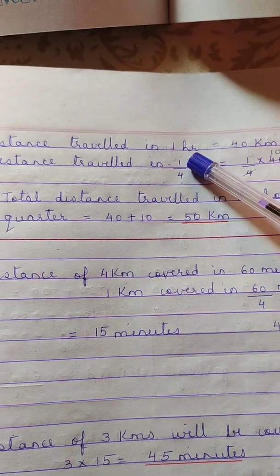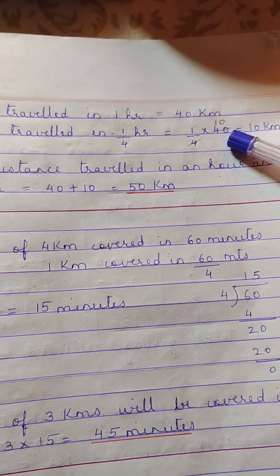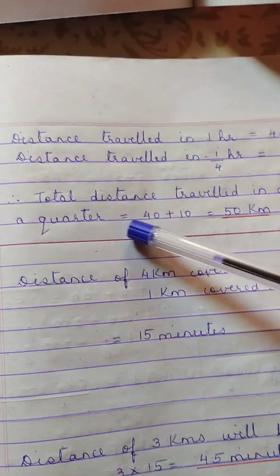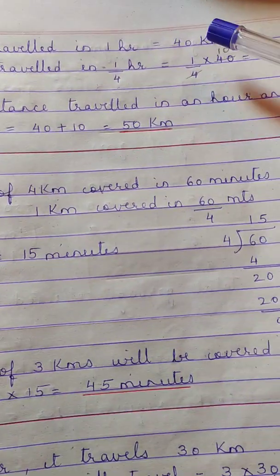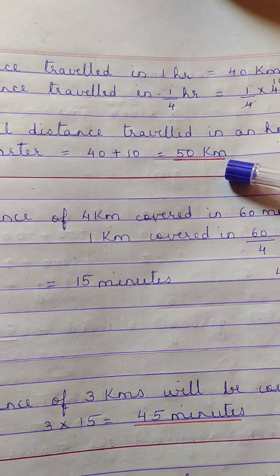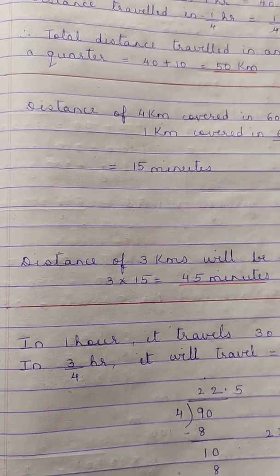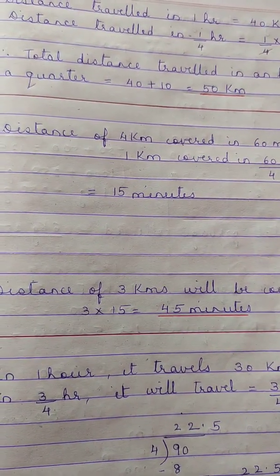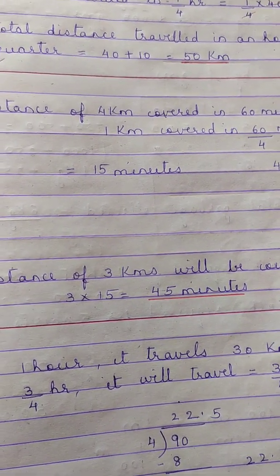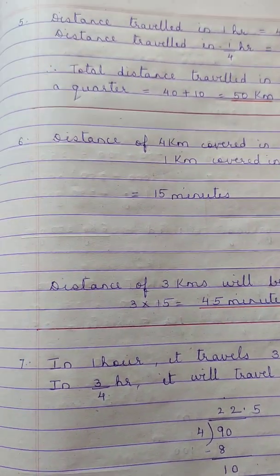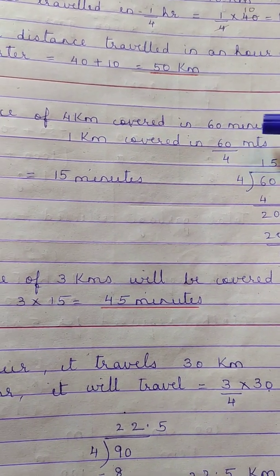If it travels 40 in 1 hour, in a quarter hour, 1/4 of an hour, it will travel 1/4 of 40, that is 10 kilometers. So the total distance that it travels in an hour and a quarter is 40 plus 10, that's 50 kilometers. Okay. Next, question number 6.